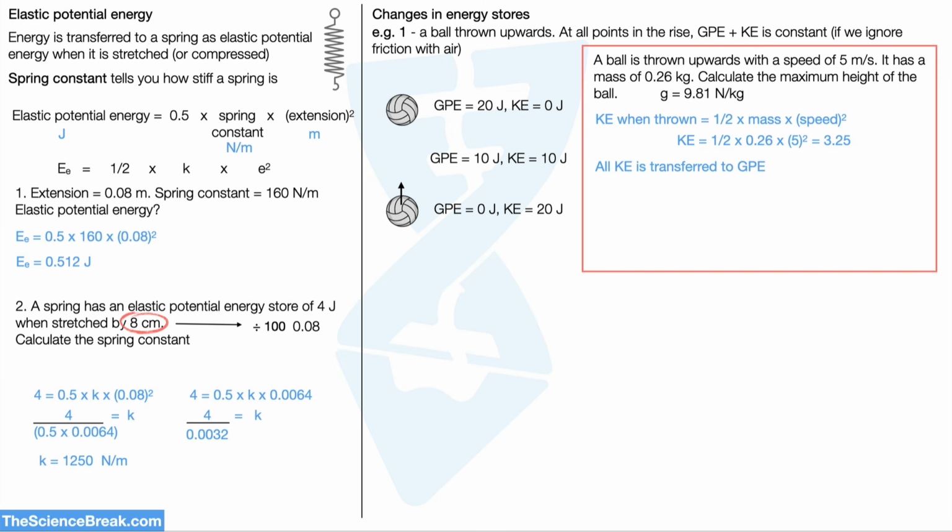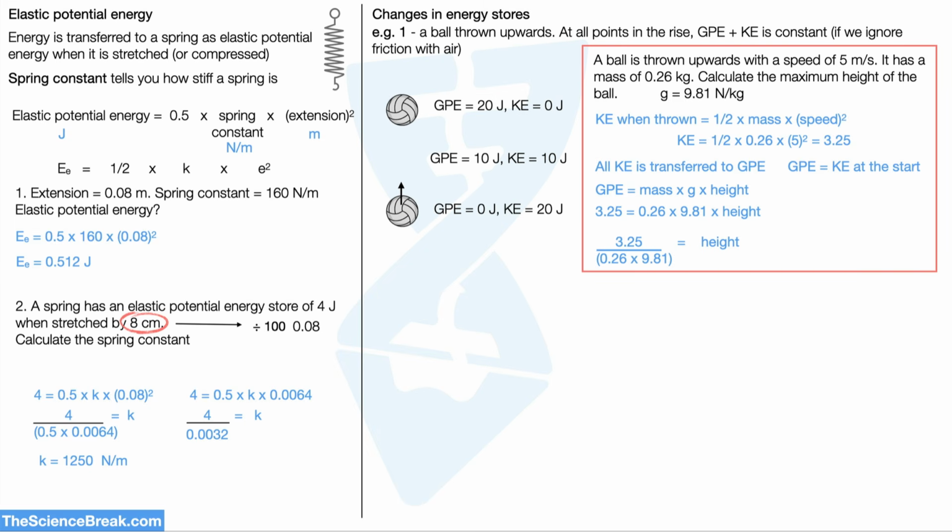Remember, we are ignoring friction with air for this question. That means GPE at the top of the rise is equal to kinetic energy at the start. So GPE is mass times g times height. That will give us 3.25 is equal to 0.26 times 9.81, given in the question, times height.